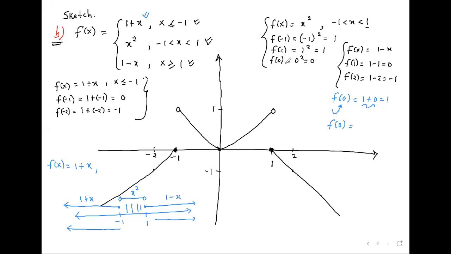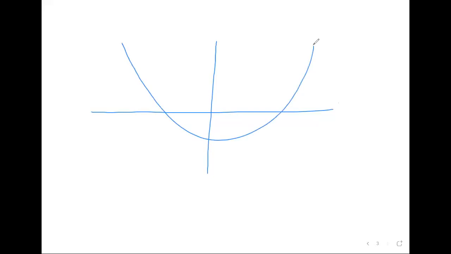What's the use of the horizontal line test? And is there a vertical line test? If you have this, and I have this, with a horizontal line test, you are checking if the function is one-to-one.